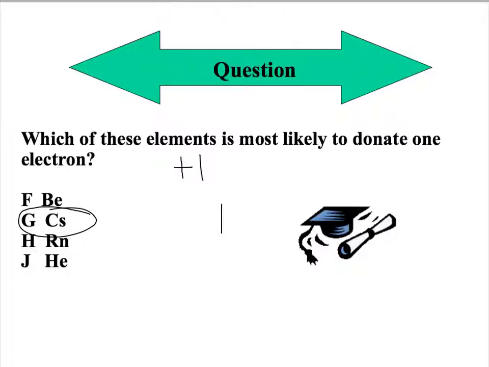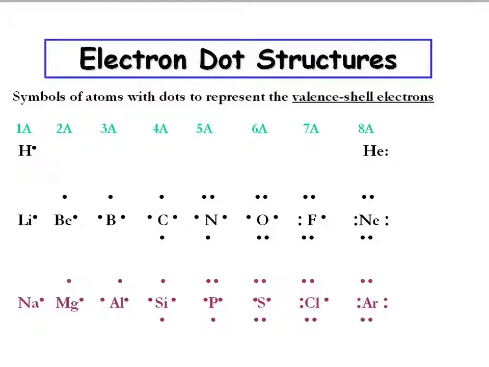Okay, now we're going to look at how to draw electron dot structures. Electron dot structures look complicated, but they're really not. They're just the symbols of atoms, and they have little dots to represent the valence electrons. So we remember from earlier that the valence electrons go with the number of the group.